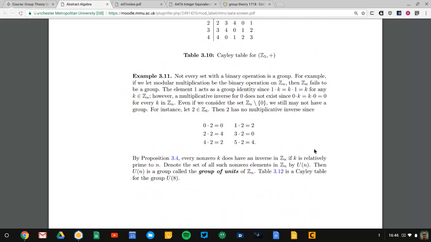Judson and other authors use the notation U(n), which stands for the group of units modulo n. In general algebraic terms, a unit refers to an invertible element. So a unit equals an invertible element, just in general.